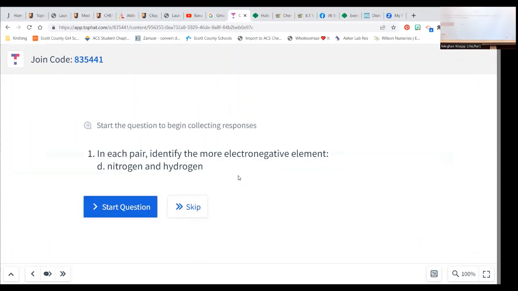This one is a little bit more challenging though. Nitrogen and hydrogen. Remember, instead of looking at where hydrogen is, we're going to look at where carbon is. So which one is more electronegative, the nitrogen or carbon, which is similar in electronegativity to hydrogen?